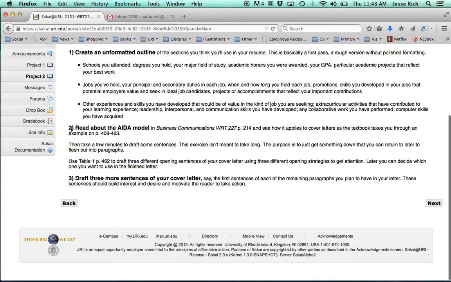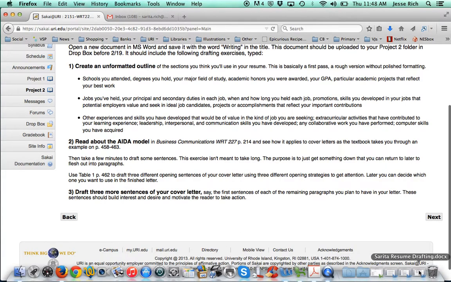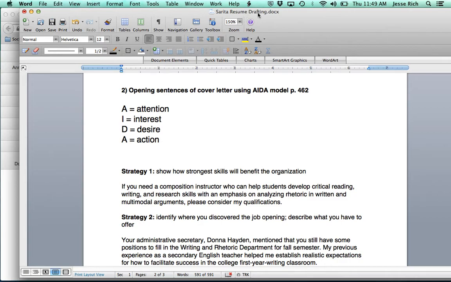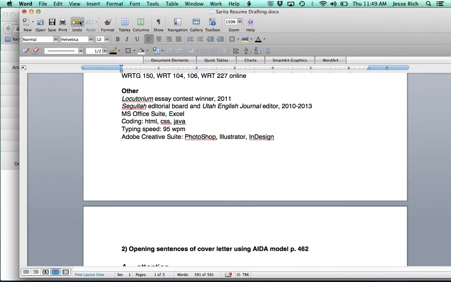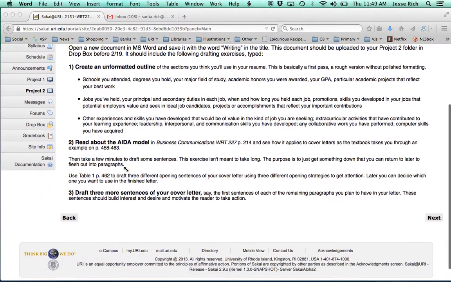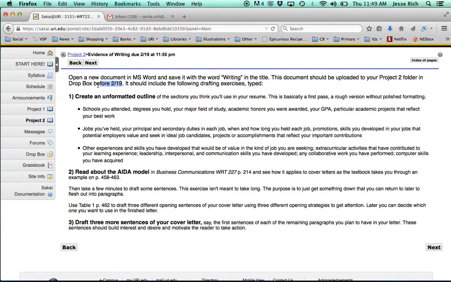So again, this is steps 2 and 3. Read about the AIDA model, then draft some sentences in your letter. When you're done, go ahead and save this document with your name and either the word drafting or writing in the title, and then upload it to your Dropbox folder, the Project 2 folder in Dropbox, or your working folder, and then make sure that that is submitted before the deadline of February 19th.